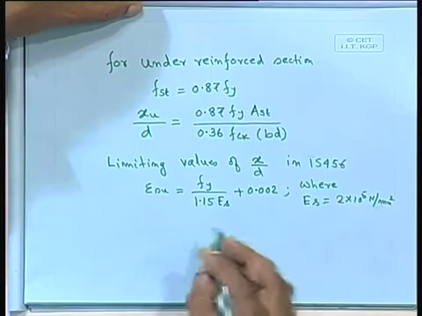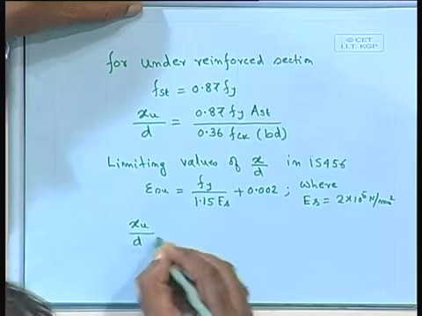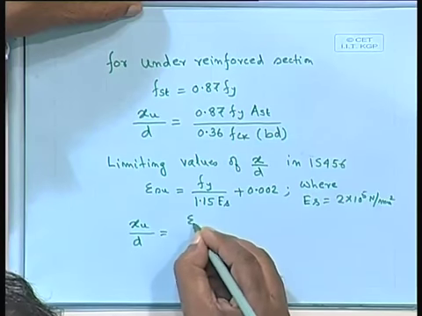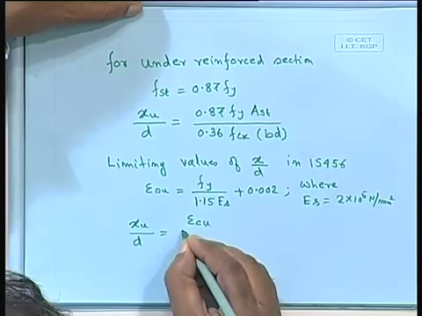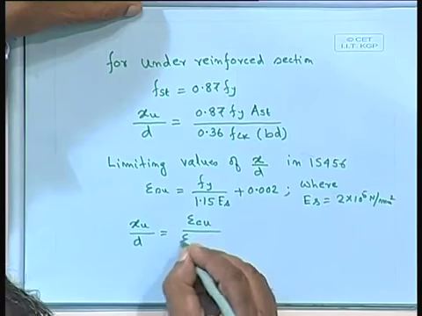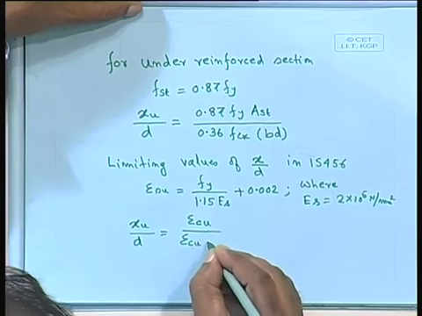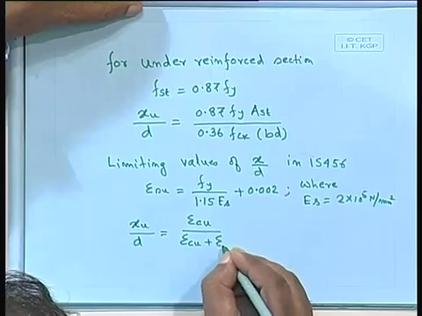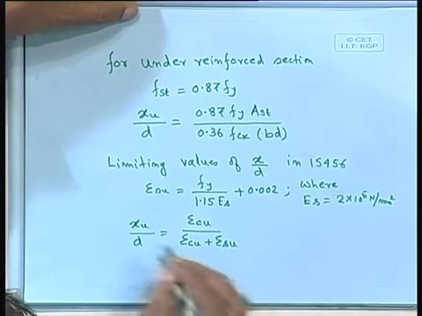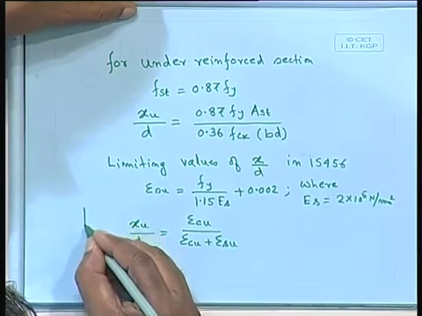xu by d equal to epsilon cu divided by epsilon cu plus epsilon su. Where from I am getting? I am getting from the strain diagram.